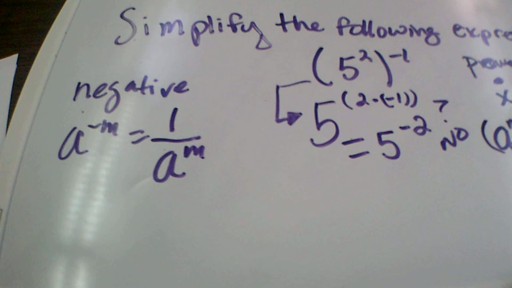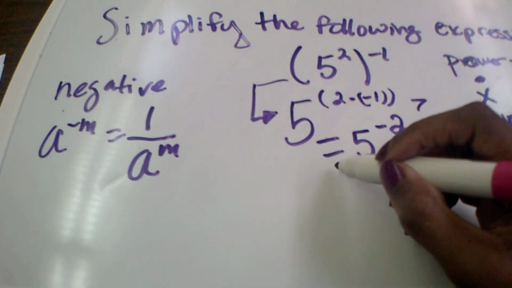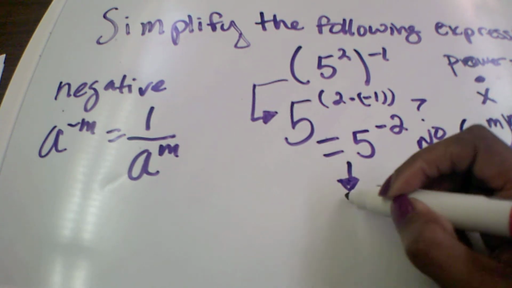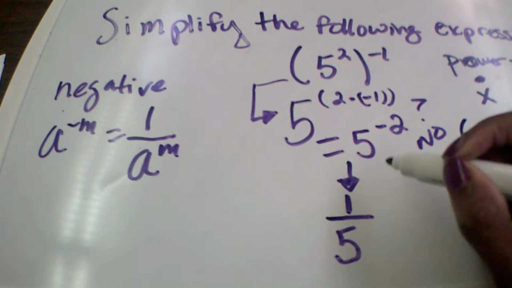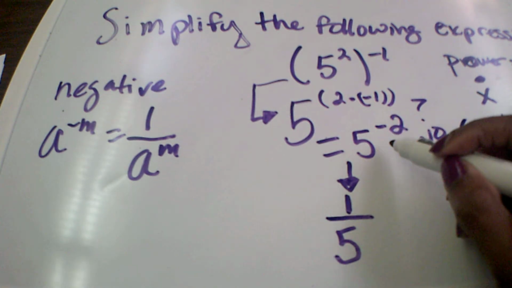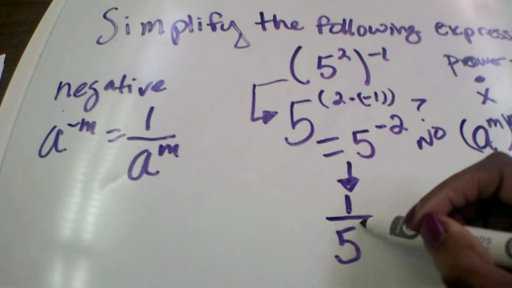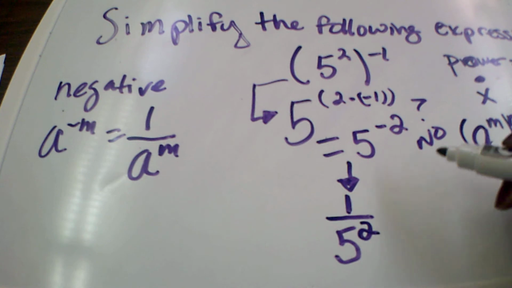So look at what we have here. We have 5 to the -2 power. We need to put a 1 over this 5 and do what? Change this -2 to a positive. And that's very easy. Just switch it to positive. So we have 1 over 5 squared.